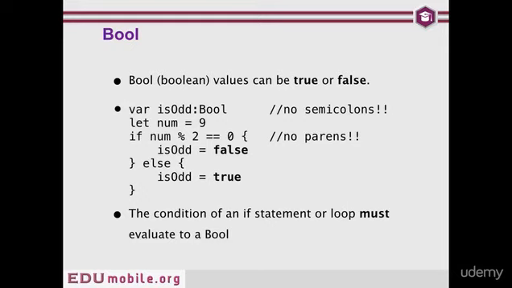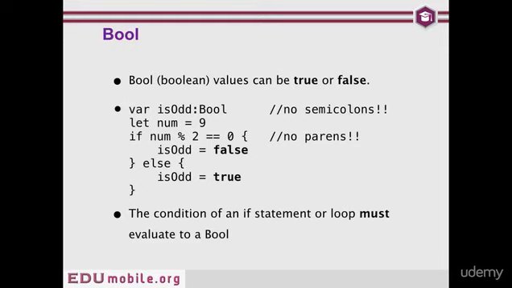So is odd equal false, else is odd equal true. So pretty much what we would expect in terms of syntax. There are no semicolons, and there are no parens in the condition for this if statement. Conditions don't have parentheses in Swift, and we don't have to use semicolons, although we can in Swift.